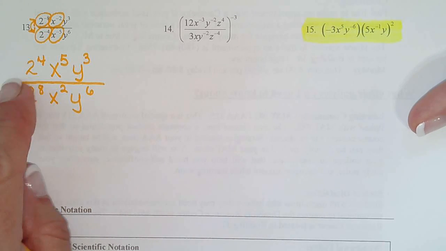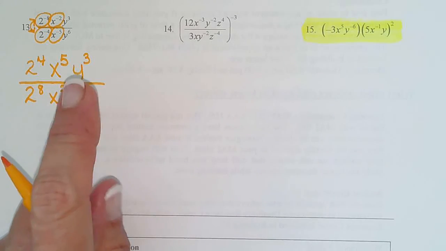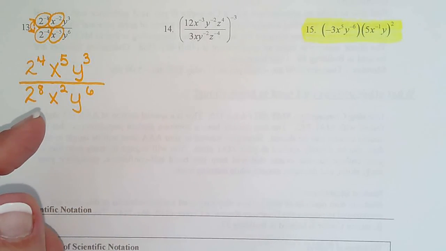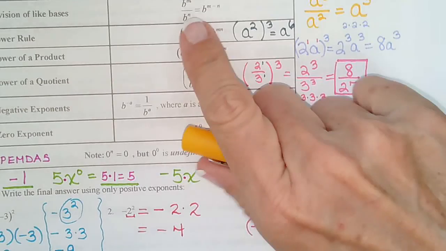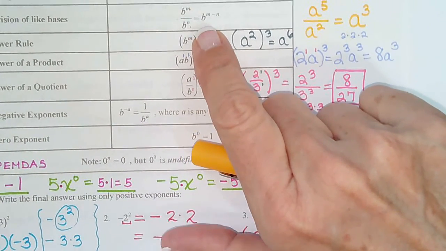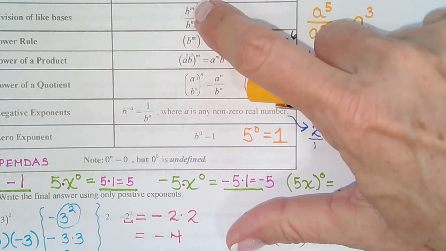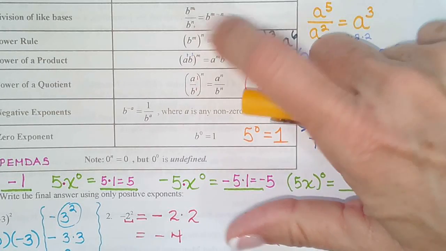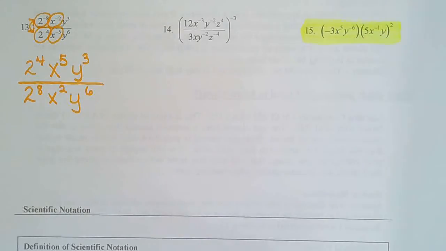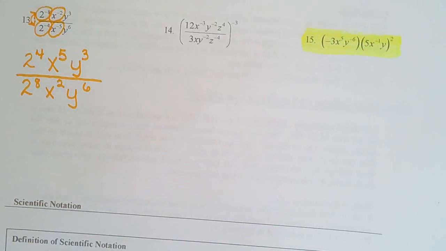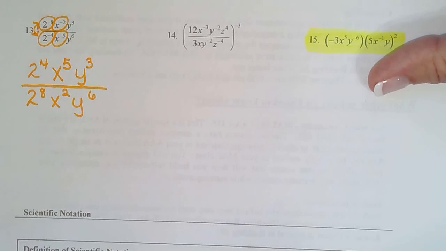Does everybody realize this is now the quotient rule? So the quotient rule says keep the base, but subtract the exponents, numerator's exponent minus denominator's exponent. So that's going to leave us with keep the base.